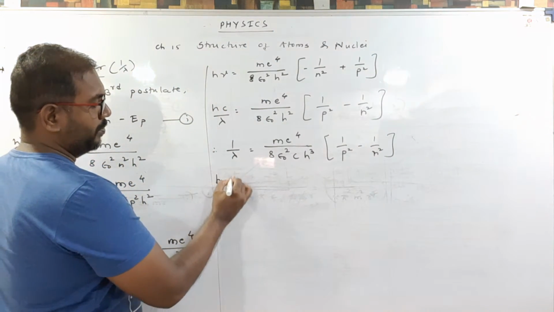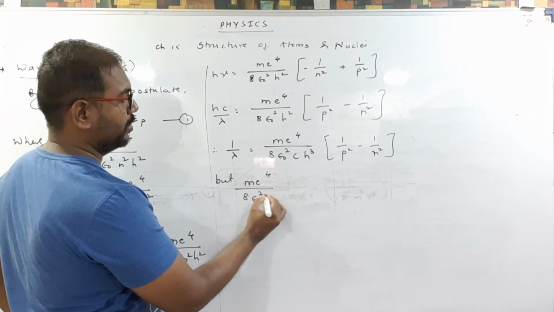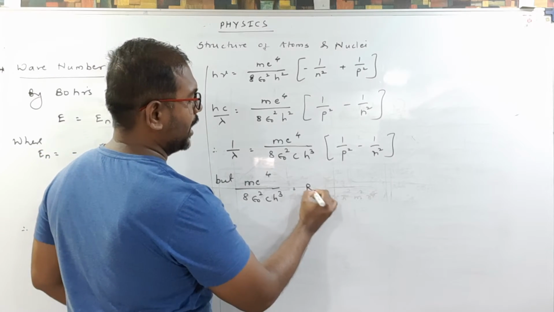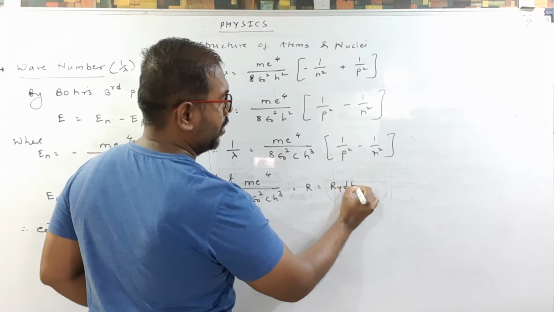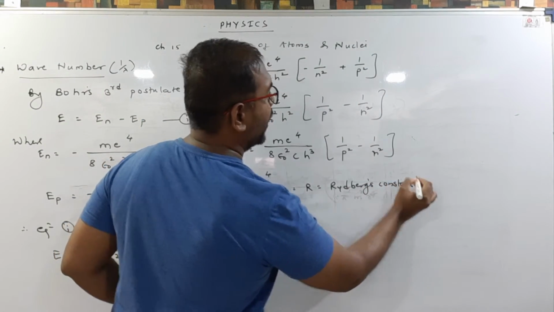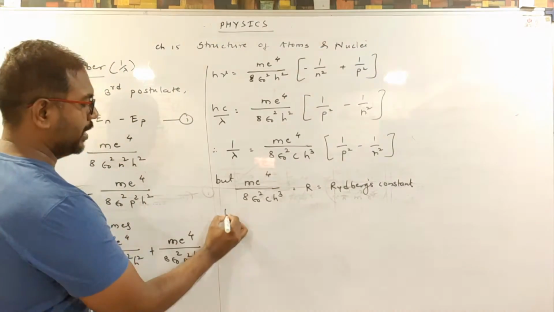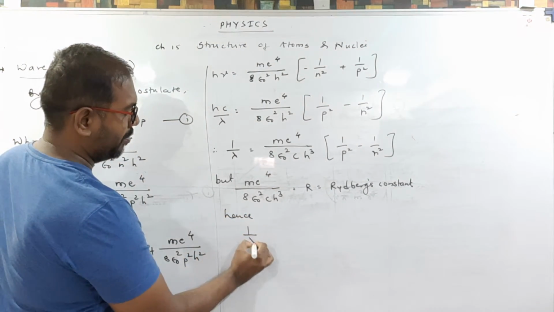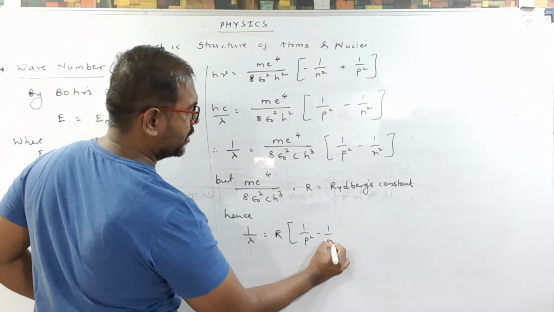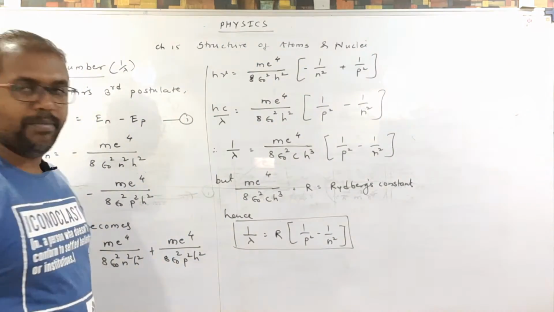But here me raised to 4 divided by 8 epsilon 0 square c h cube, everything is constant and it is called as R, Rydberg's constant. Its value is fixed. Hence I can write 1 by lambda is equal to R, 1 by p square minus 1 by n square. So this is the expression for wave number.